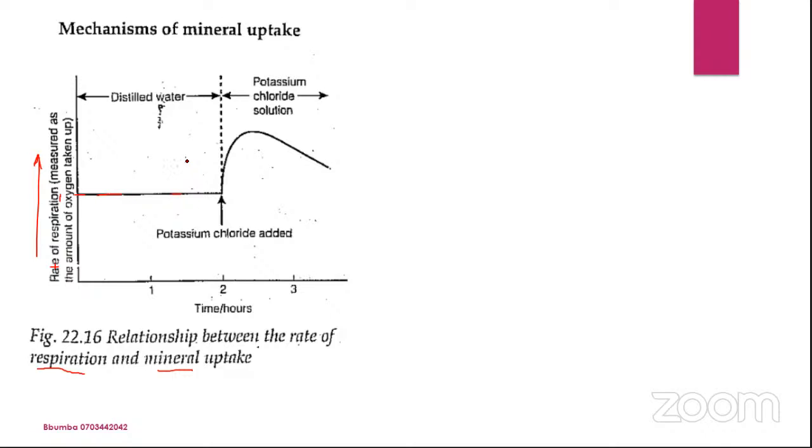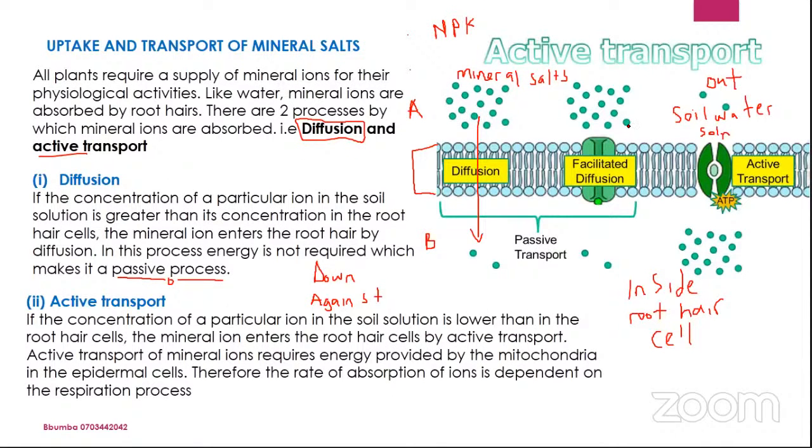Because remember, I had just talked about active transport, where I said that if the concentration of a particular ion in the soil solution is lower than in the root hair cell, you could have a lot of minerals inside the cell as compared to the outside, but you need this inside. That thing can be taken up against the concentration gradient, and here we use energy.